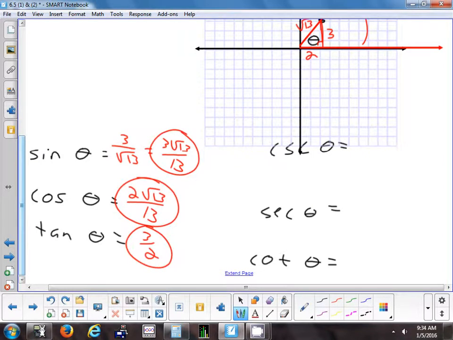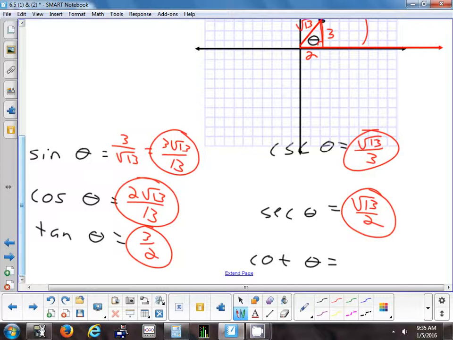For what I'm going to do in the next example, I don't really need to keep going, but just because we did it yesterday, I'll finish this up. This is square root 13 over 3. This would be square root 13 over 2. And 2 over 3. All right, so we found all 6 trig functions of our angle.